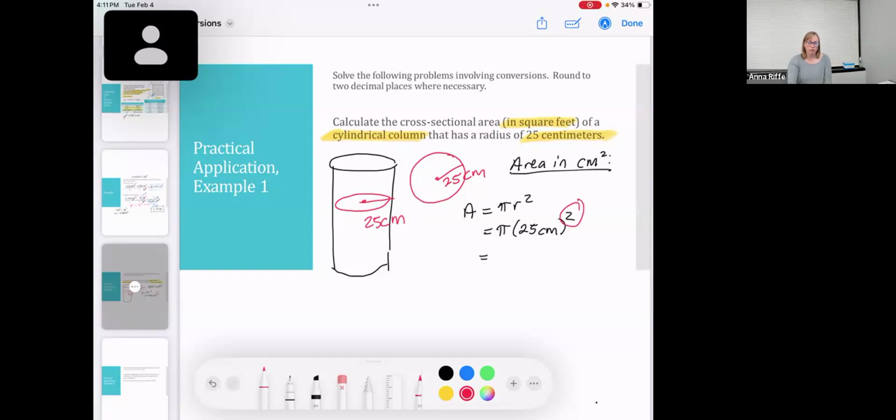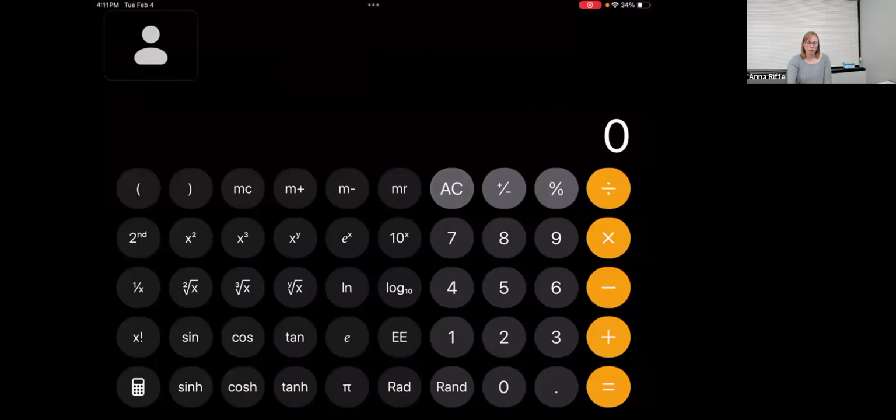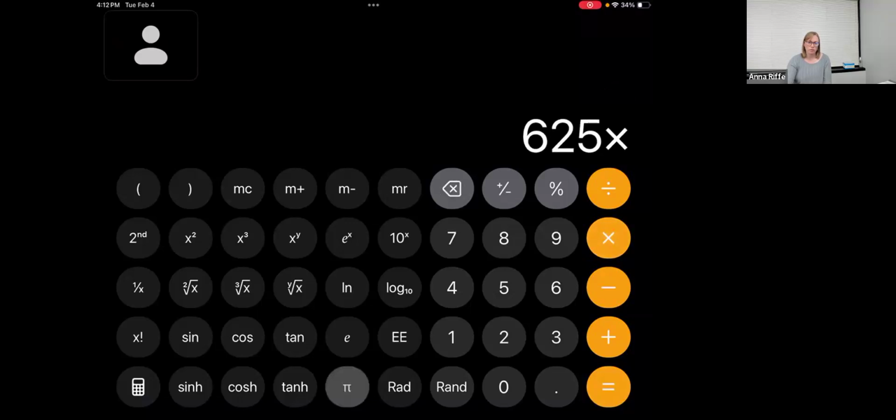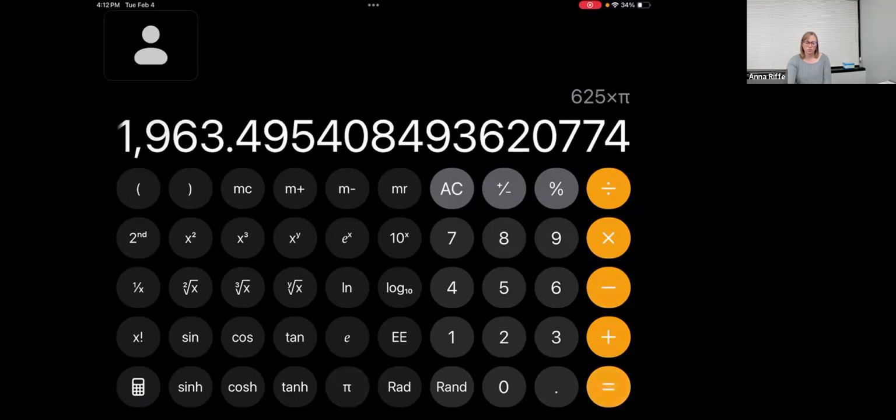So let's bring up my calculator. 25 squared, equal to 625 times, use my pi button below. So that's equal to 1,963.4-ish centimeters squared.